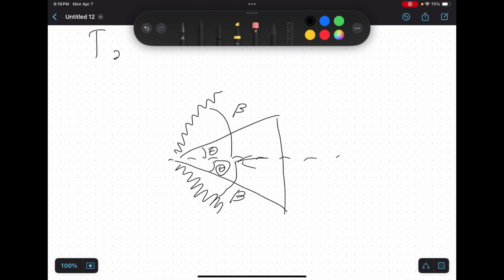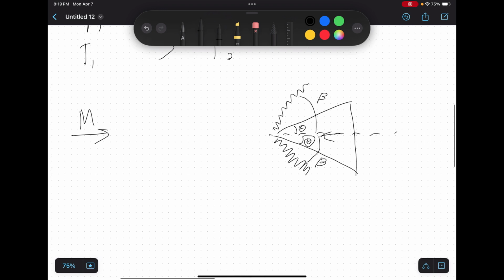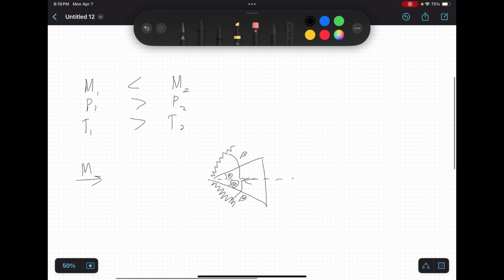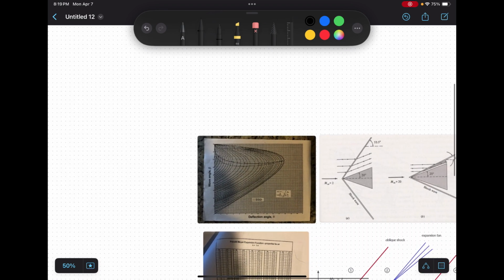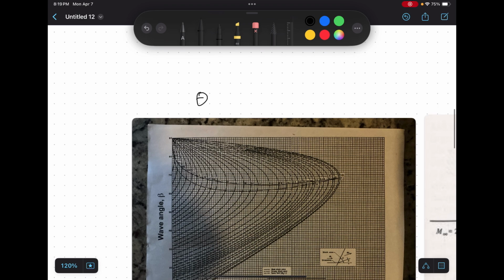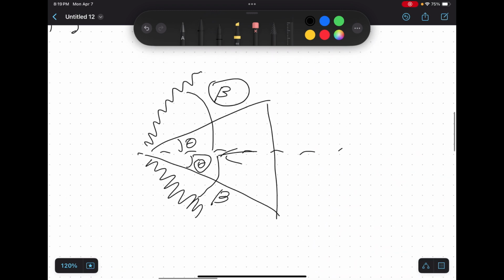When you design an airplane or a rocket, you know theta. You also know the Mach number because let's assume you can measure it some way. So if you know theta and you know the Mach number, you can use this table to get beta, this beta angle.